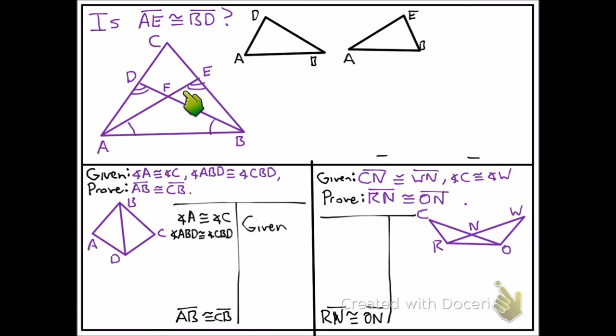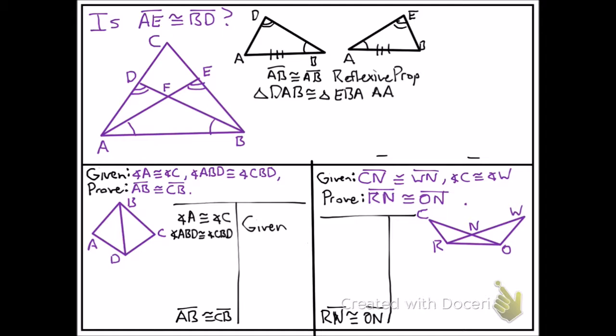Now we could do like the left and right side triangles, or maybe triangles that are up on the top, but these are important because they give us values we can work with. So what do I know from this? Well, I also know that AB is congruent to itself. That's going to be by reflexive property. And once I have that, I can say that triangle DAB is congruent to triangle EBA by angle, angle, side.